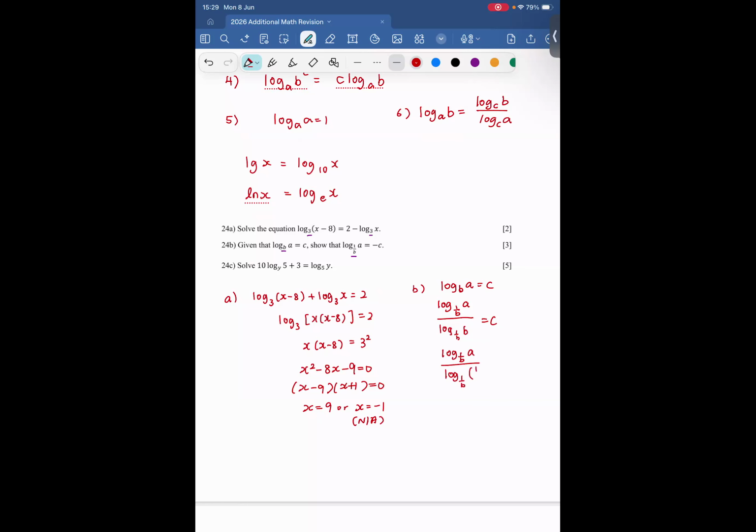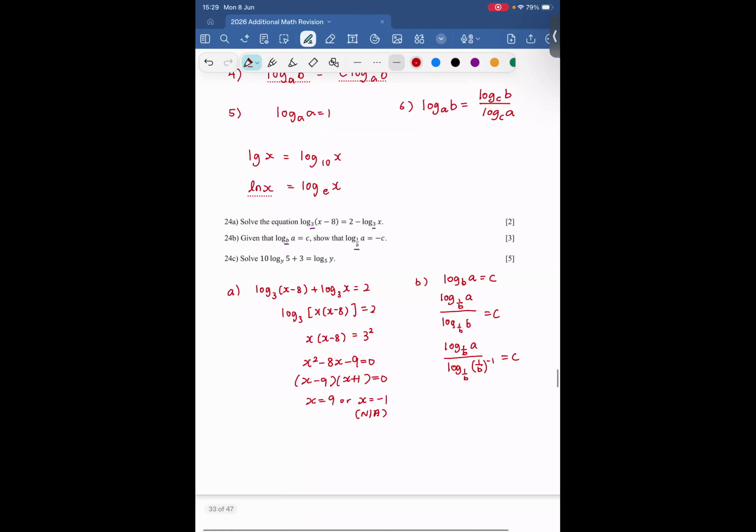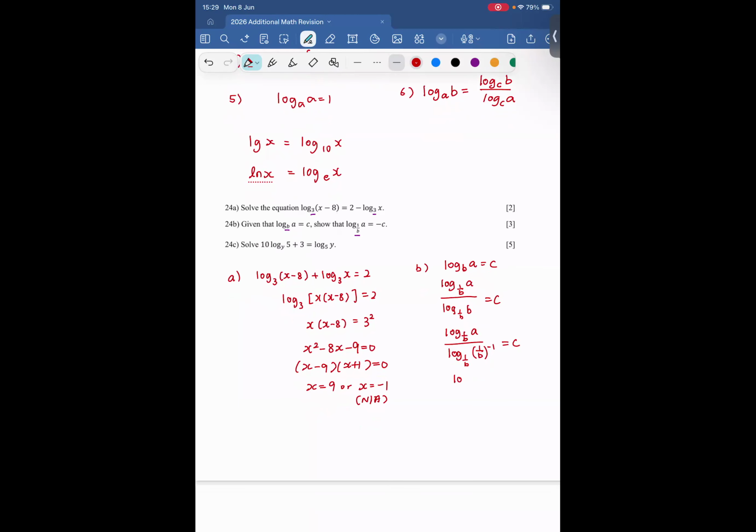B is actually 1 over B to the power of -1. Okay, so the denominator here, because the base and this number is the same, this -1 bring down, it will just become -1 times 1 equals to C.